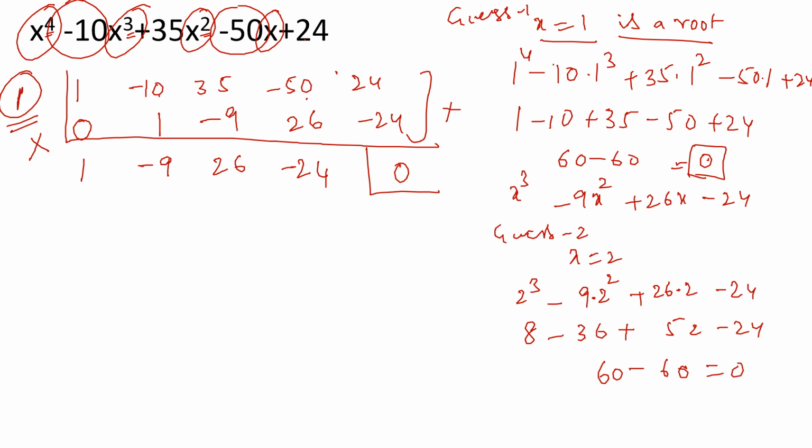So 60 minus 60 is equal to 0. Again it is a root. So you have to guess it and try until you get 0.